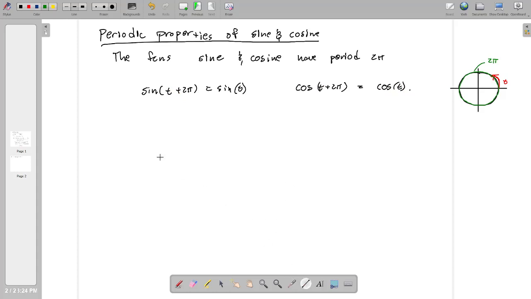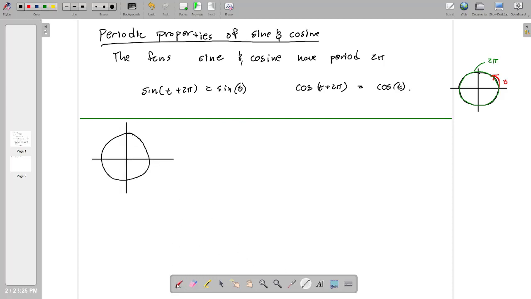So next I want to look at what the graphs of these two functions look like. So suppose I have this unit circle here. As t rotates around, I'm going to plot many of these t values on the xy plane as a function of sine.